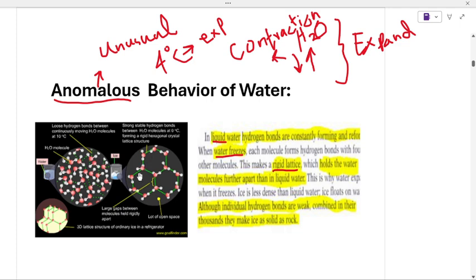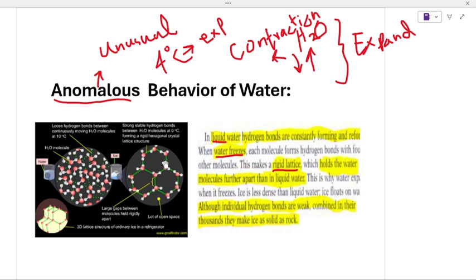As we can see over here, the water molecules arrange themselves into a particular shape, and that shape is a hexagonal structure. This hexagonal structure is formed because of the decrease in temperature, from 4 degrees centigrade lowering towards 0 degrees centigrade, and it will form the ice condition.